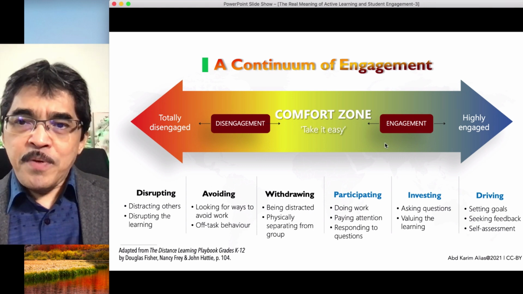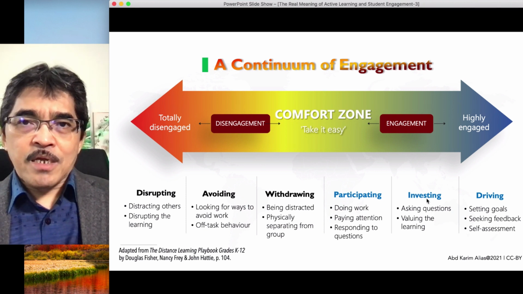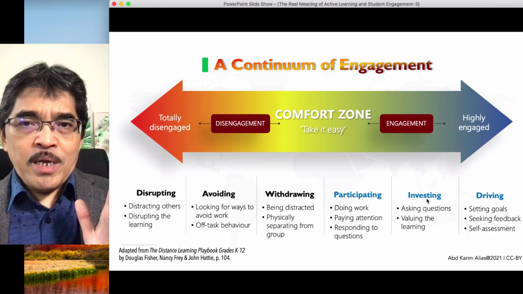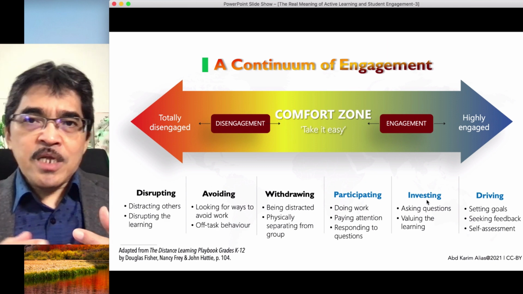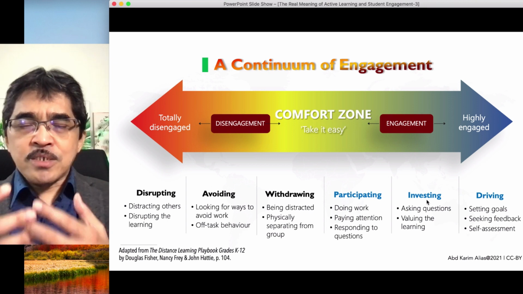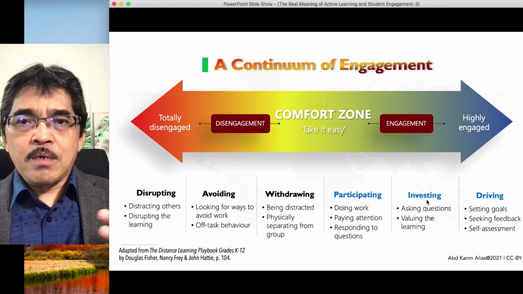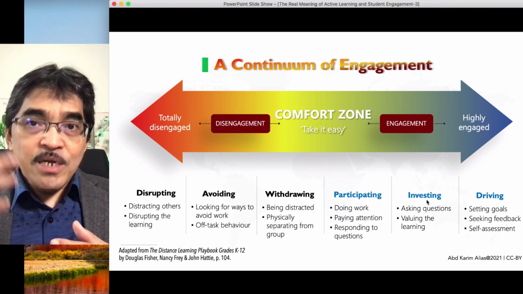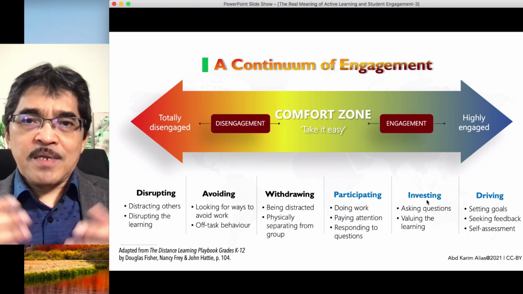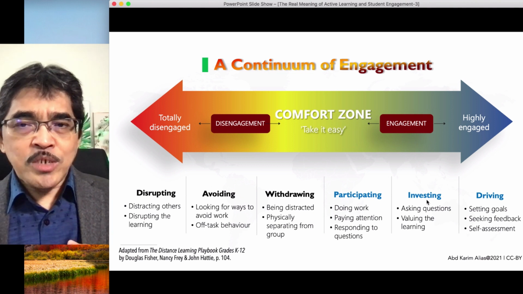So the next phase in the continuum of engagement here is investing. This is where students will start asking questions. They take a proactive approach, asking not only basic questions, but higher order questions, very critical, thoughtful, insightful questions.